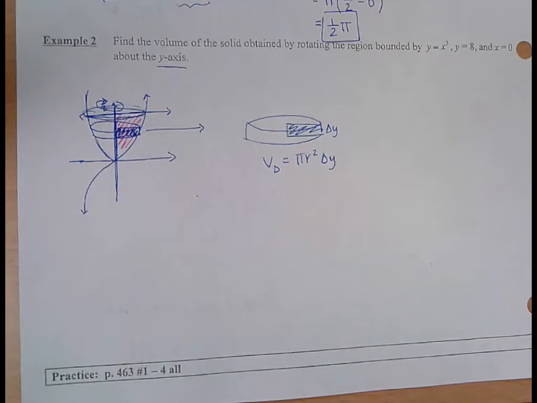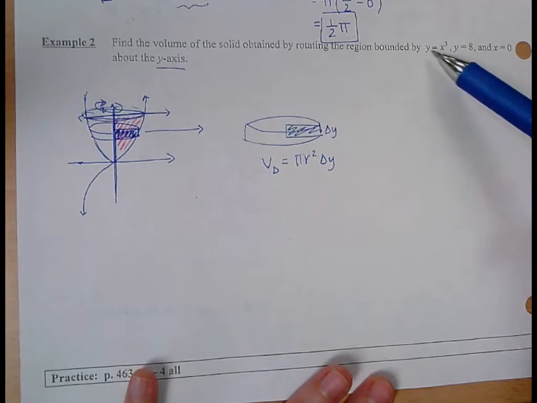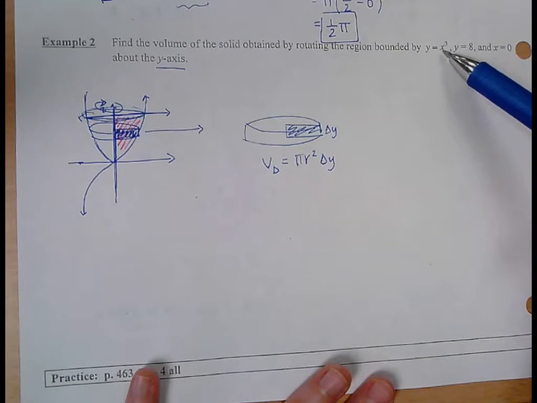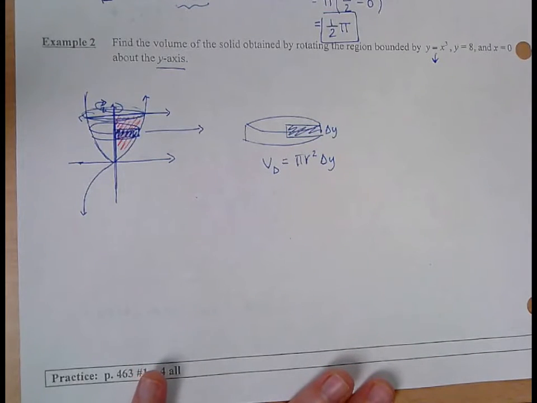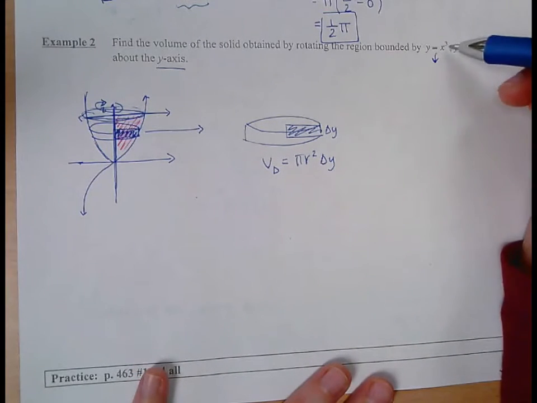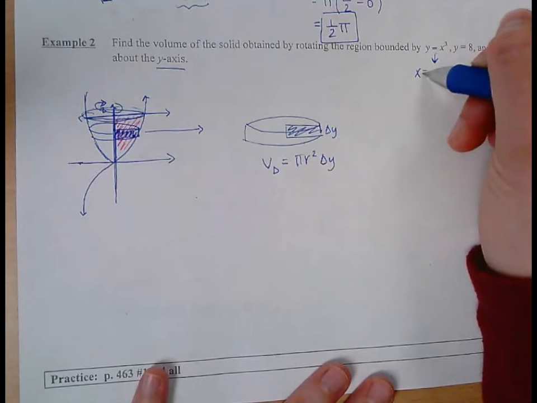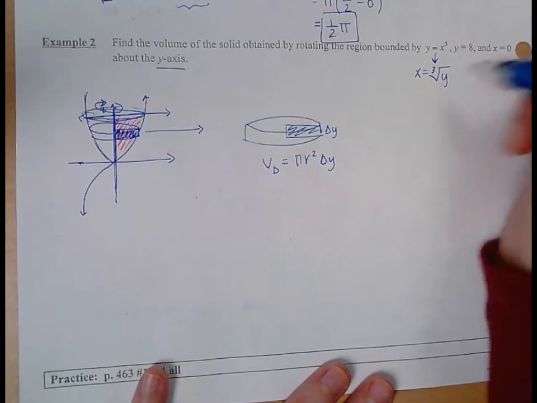So because everything needs to be with respect to y, that also means because I have the function, y equals x cubed, I need to solve this for x, so it's in terms of y. So if I take the cube root of both sides, this means x equals the cube root of y.